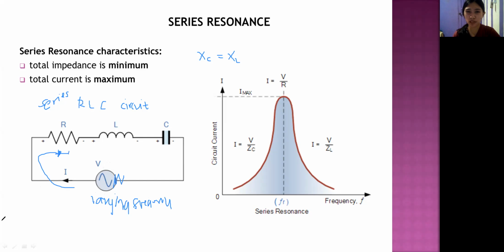So what does this mean? Taking consideration here, as you can see in the middle, this is the resonant frequency point, or the series resonance, which is denoted by FR.